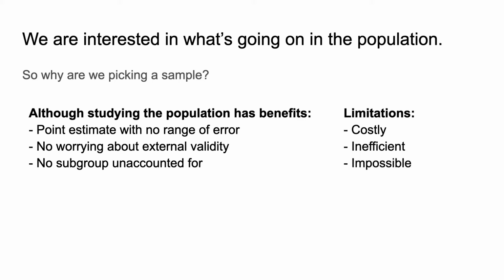And again, it's simply impossible because even if you attempt to study everyone, some of them are going to escape your study. So we're basically stuck with a sample, as long as the population is large.